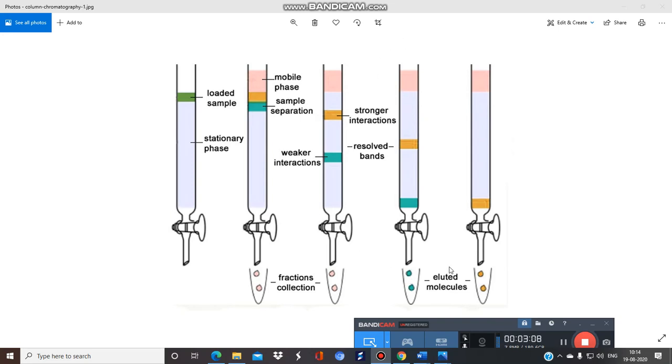In gradient elution, what we do is gradually increase the polarity of our mobile phase, or the polarity of this column system. How?